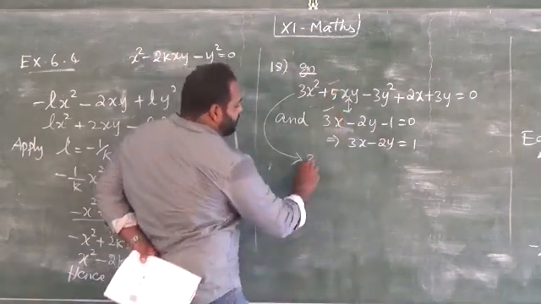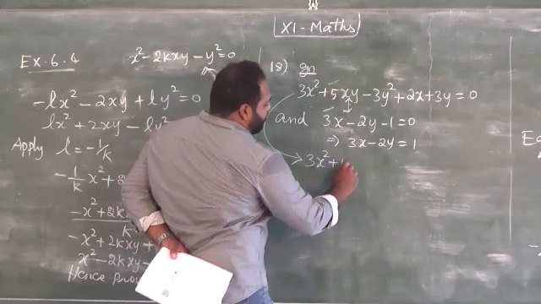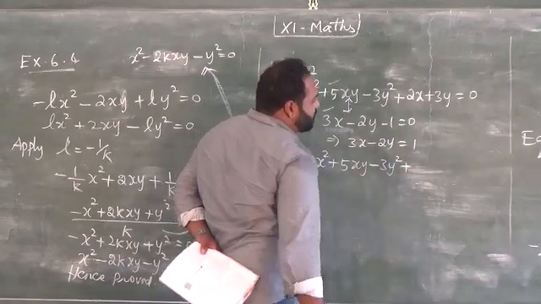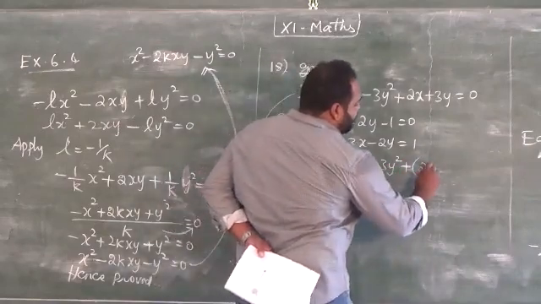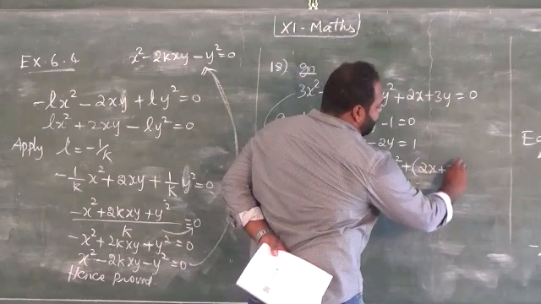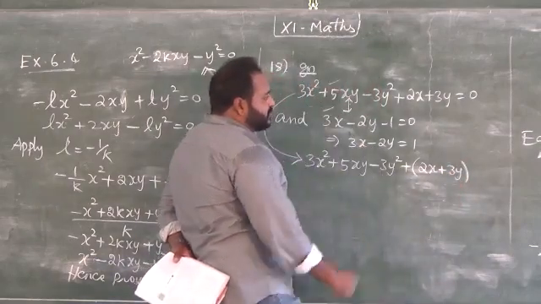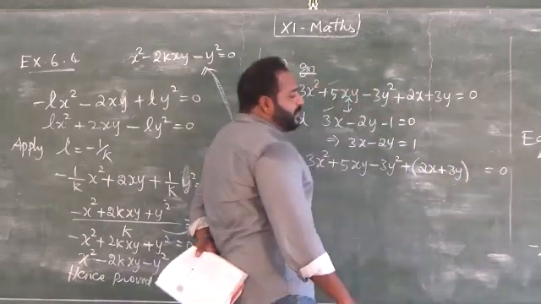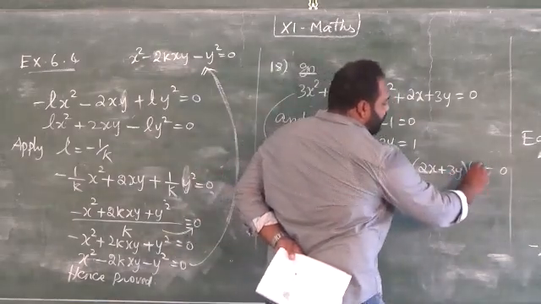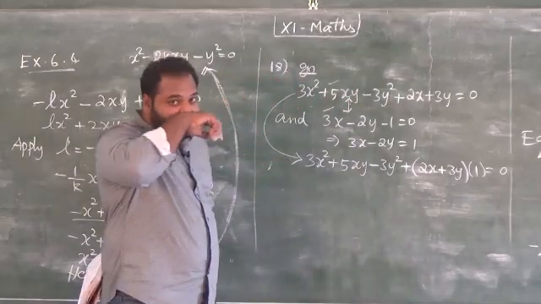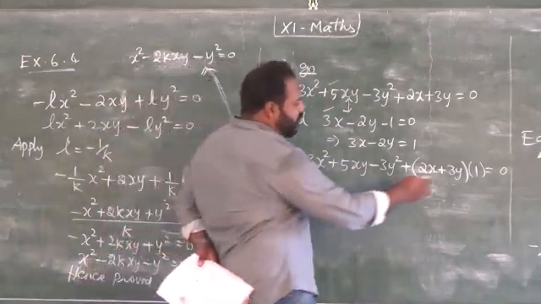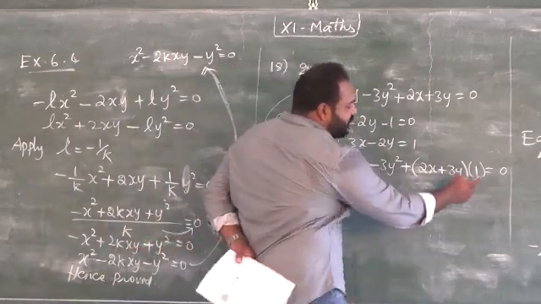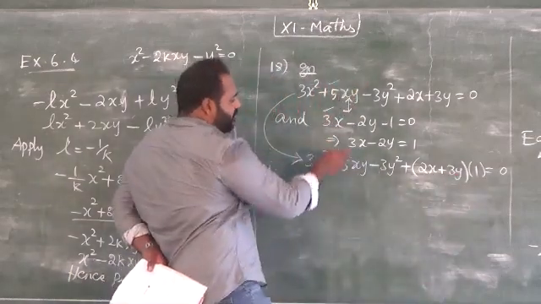So now 3x square plus 5xy minus 3y square plus, here this part alone I am going to write in the bracket, because these two terms I am taking separately, equal to 0. Anyway, we know that always 1 is hiding everywhere, so here I consider this 1 for merging these two equations.